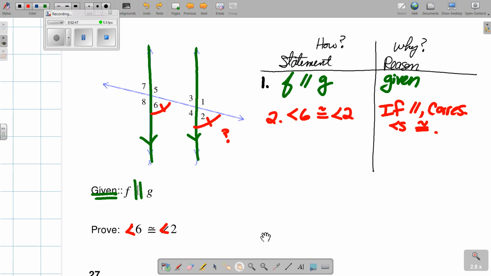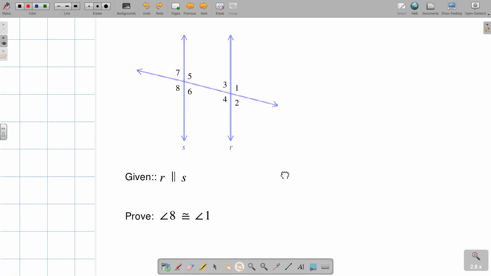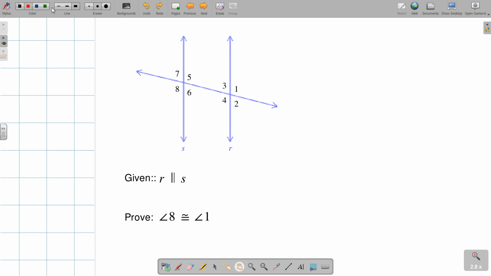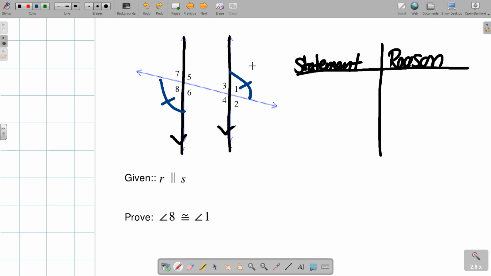Let's try 27. Okay, we are told that R is parallel to S, and we're trying to prove that 8 and 1 are congruent. Well, that's not fair.